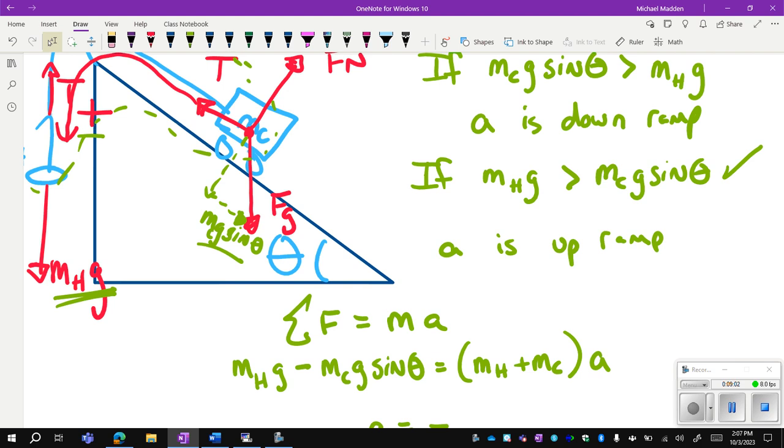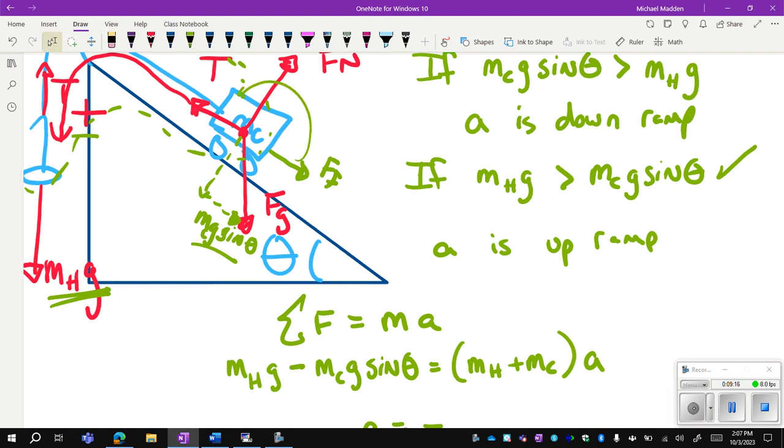If the cart is accelerating up the ramp, then I need to make my friction go down the ramp. If the cart is accelerating down the ramp, then I'm going to flip this and put the frictional force on the other side. So even if there is friction, you have to first figure out the problem without friction, and then you can add friction into the mix.